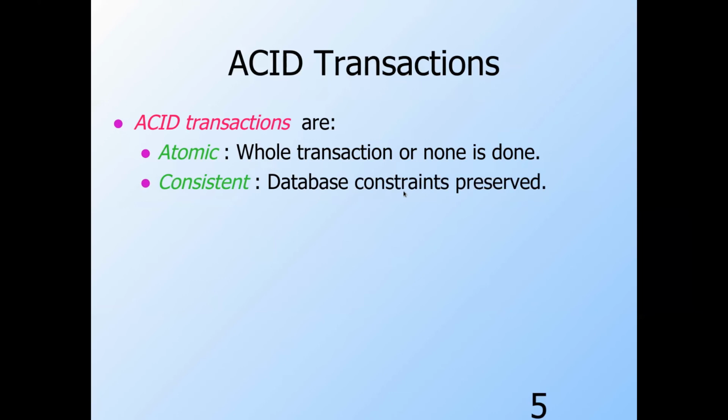Consistent means that you have rules that are guided in the database, like what needs to be true, like foreign key constraints, primary key constraints, of course, but you can have any arbitrary set of other constraints. These must hold at every potential state of the database. When these transactions go through, you'll hop from one point to another point.